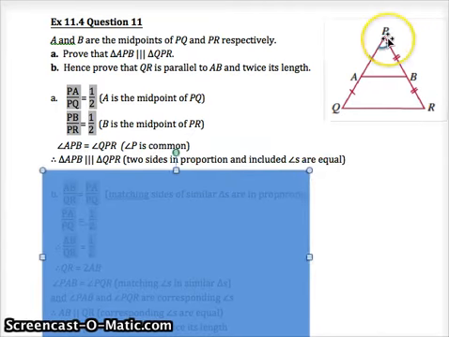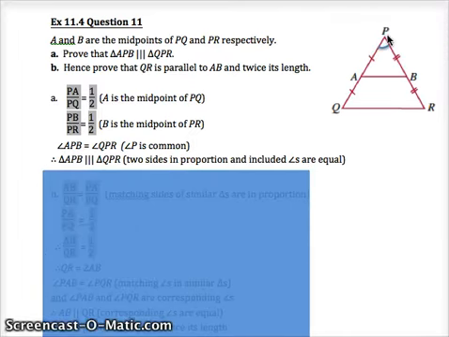So what we do know so far is that the ratio of PA over PQ equals the ratio of PB over PR, but that also equals the ratio of AB over QR, because we're doing the small triangle over the big triangle. So PA over PQ is equal to PB over PR, which equals AB over QR.